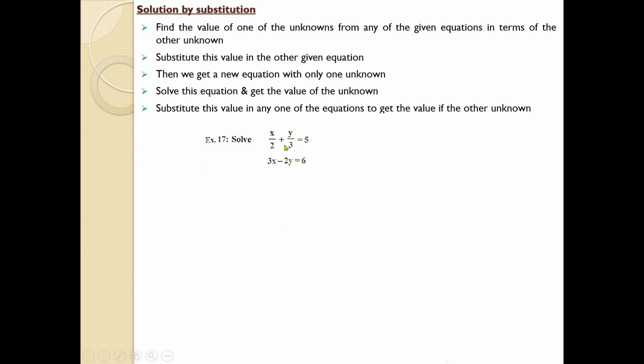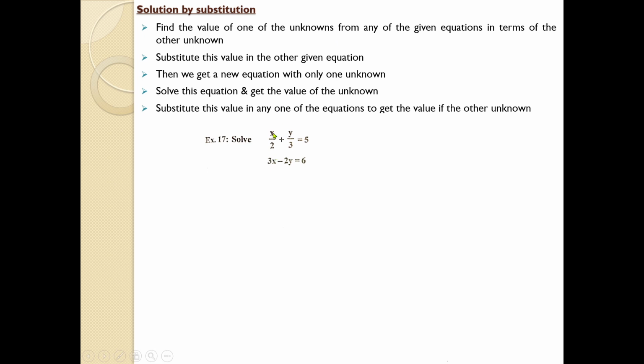Here it is in fraction, here it is not in a fraction. So bring this fractional equation into a normal equation like this. For bringing the equations into a similar pattern, you can follow any method. You can either multiply it with any number, or you can divide it with any number, whatever you like.